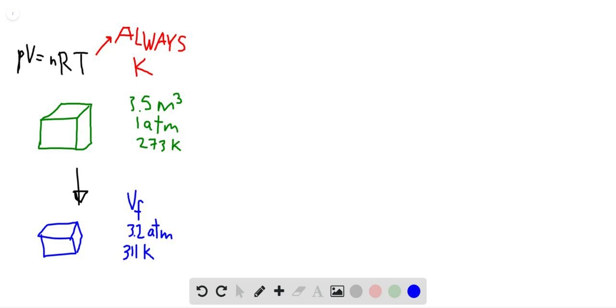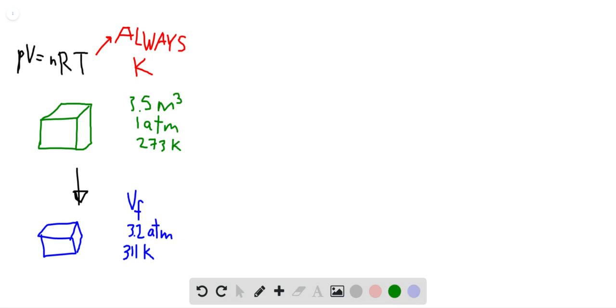Alright, so we have pressure, we have temperature. We want to know volume. Looks like this equation is going to become handy, but we don't have the number of molecules of gas. So we can't just use this equation directly. We will have to use a trick.